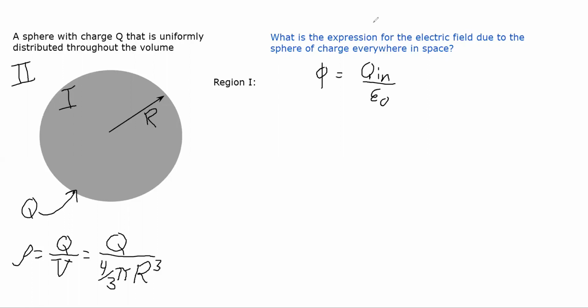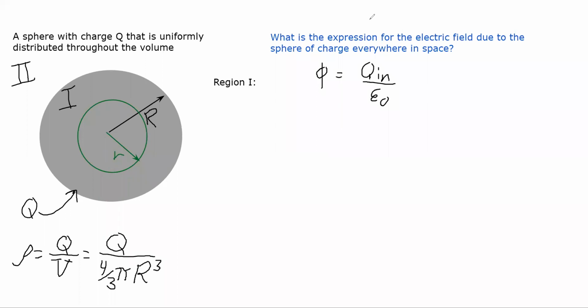So I'm going to put a sphere in here. Here is my radius for my Gaussian surface.